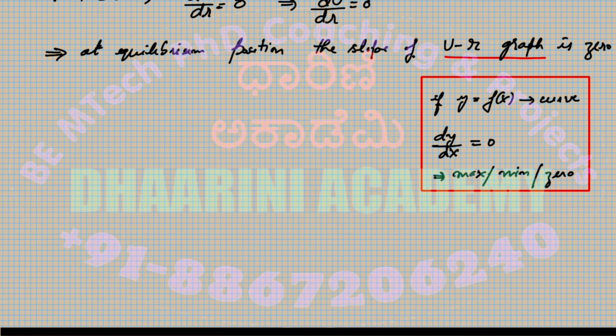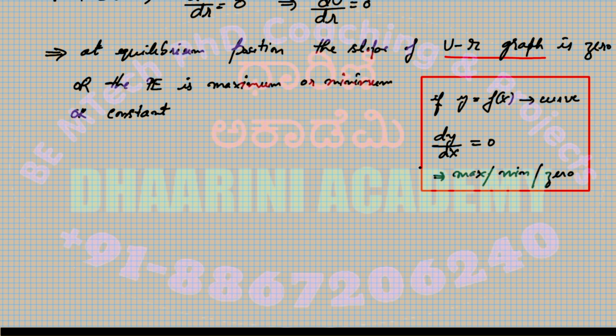At the equilibrium position, the slope of the U-r curve is 0, or I can write, the potential energy has to be either maximum, or it can be minimum, or it can be a constant, because differentiation of a constant is also 0.